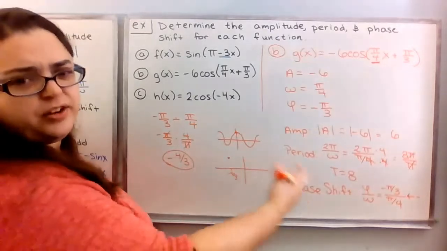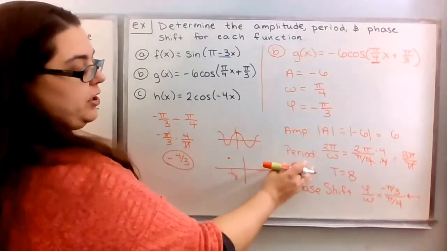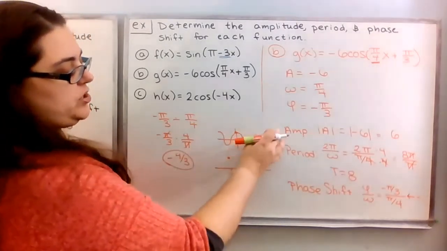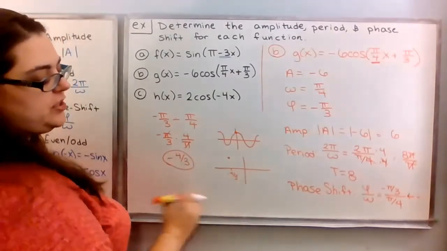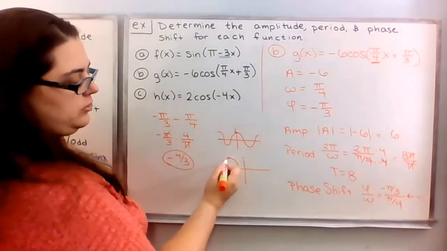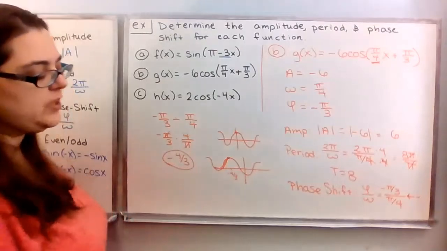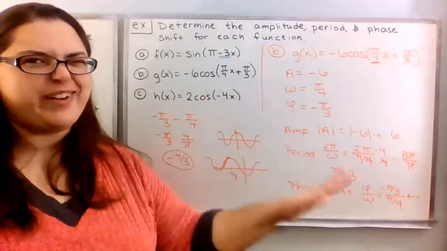And then we'll use the other information to figure out where the other points should land. Okay, so the period is going to help us determine how this will stretch, and the amplitude will determine how much it stretches vertically. And the phase shift is going to give us where we start. So then it'll be kind of going down, right, doing its usual cosine thing. But it's just a little preview of what's to come, but we'll worry about that in the future.